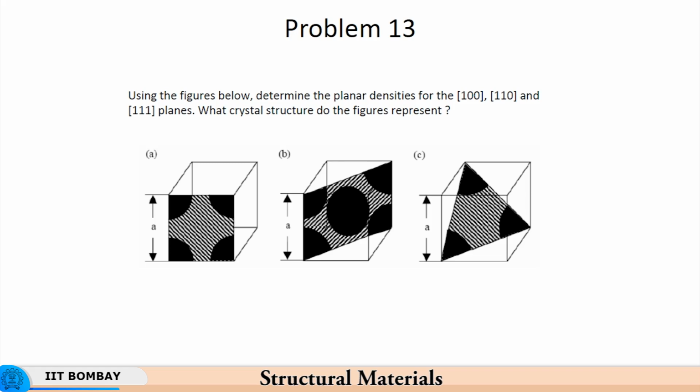Here you had the planar density of 1 upon a square, and now here what you see is that there are again 3 atoms, but they are not quarter.